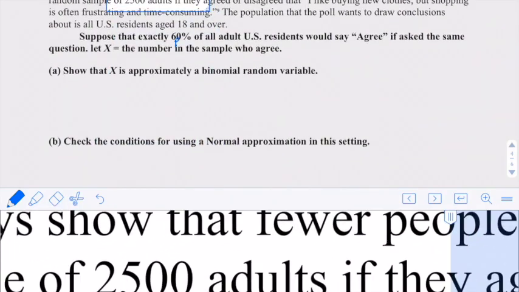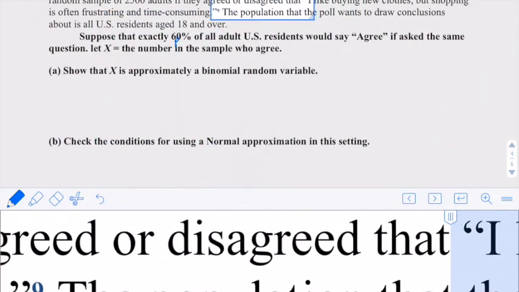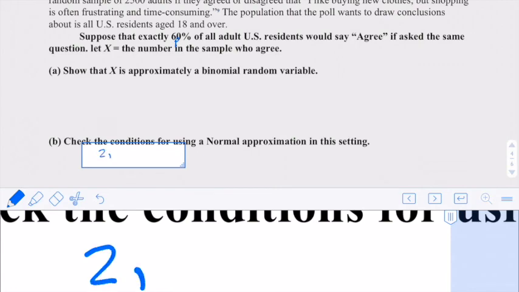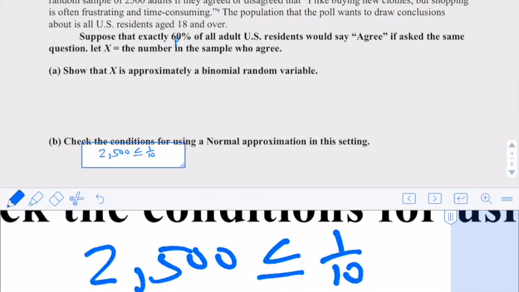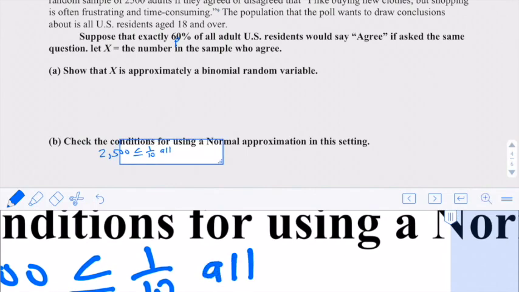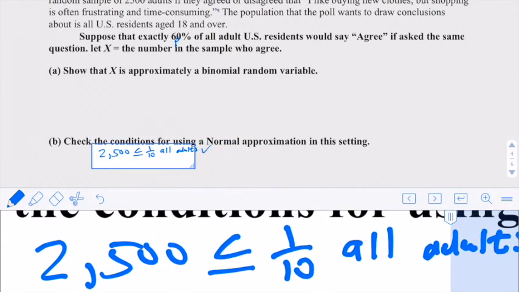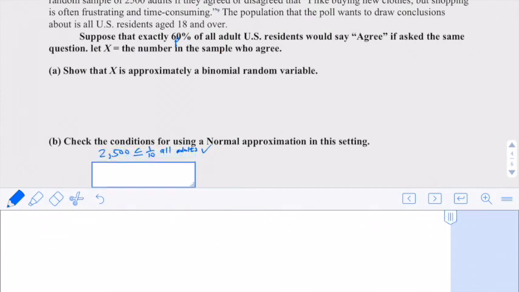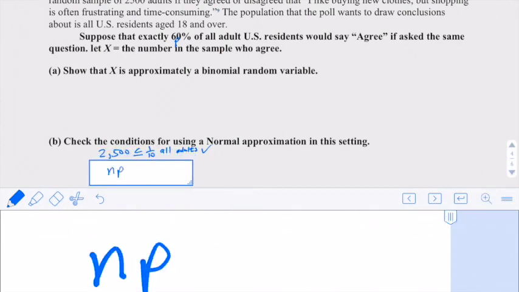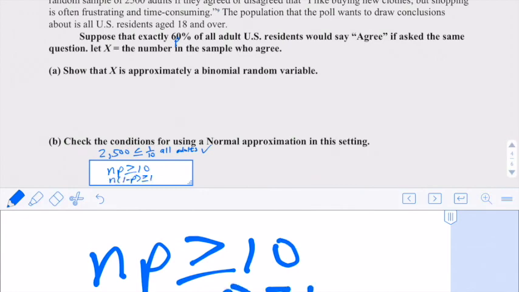Check the conditions for using a normal approximation in this setting. We want our sample to be less than 1/10 of the population. So is 2,500 less than or equal to 1/10 of all adults 18 and over? Well, that's for sure. Don't even have to calculate it. That's good enough. And the other one, we need to check that np and n times 1 minus p are greater than or equal to 10.